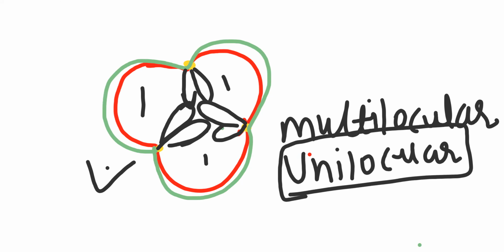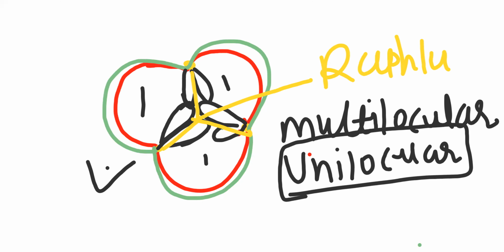And this part which creates the false septum, ovules arrange in such a way that it creates the multilocular condition, and that we call the false septum, or this one we call the replum. All of you, do you get my point? Good.